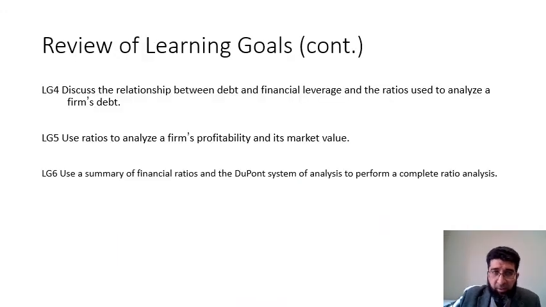So we did finish all our learning goals in this two-part series. The second part specifically worked on the relationship between debt and financial leverage and ratios. Also, we analyzed the firm's profitability and market value.